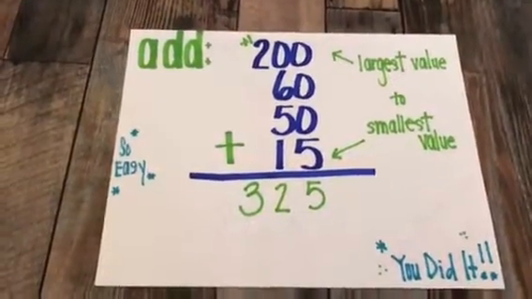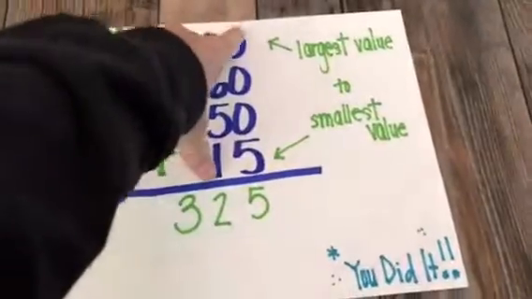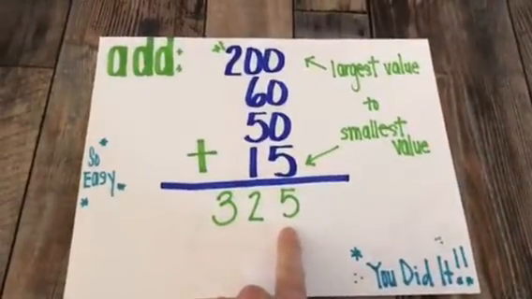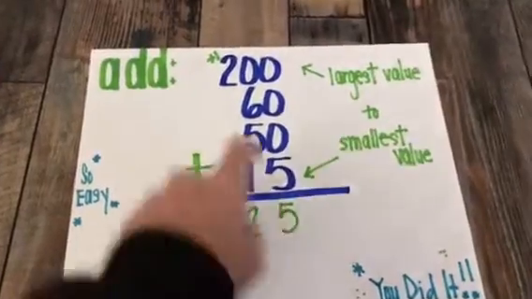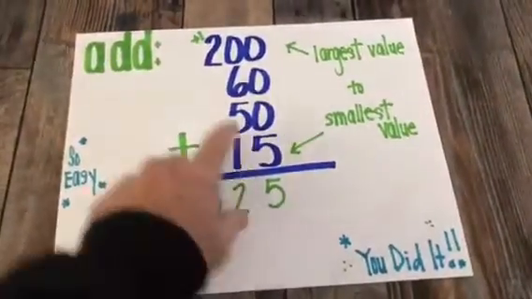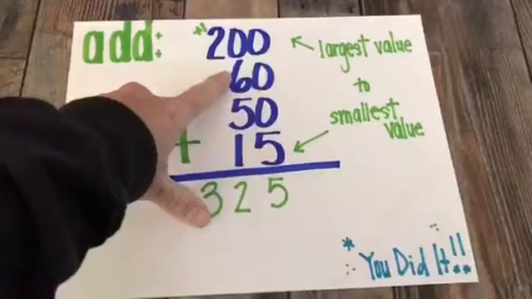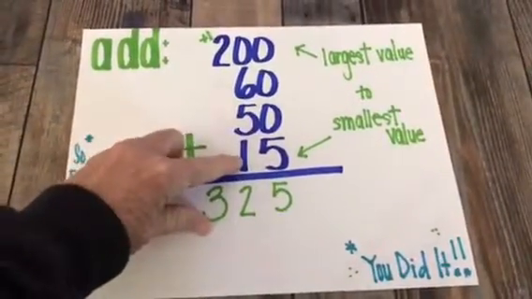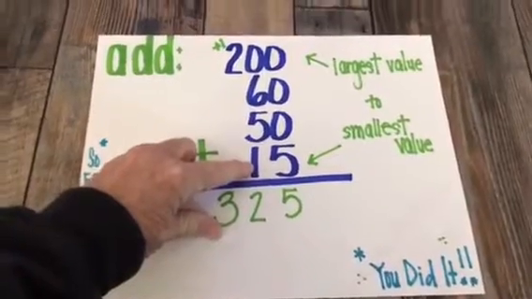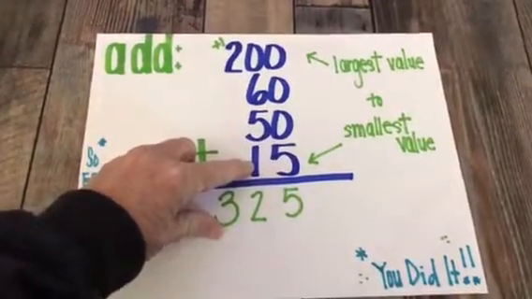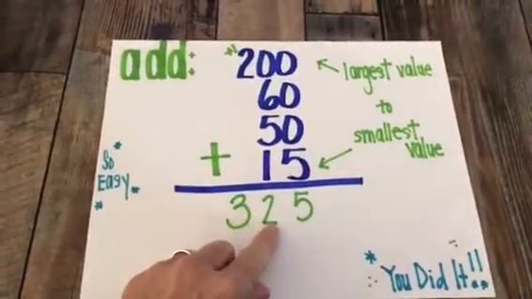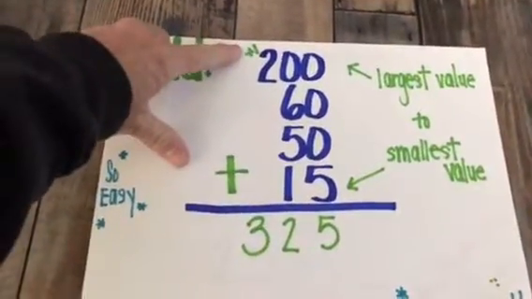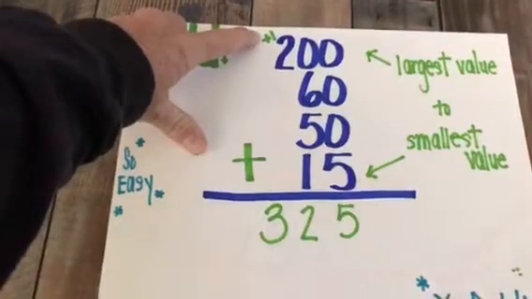In this case, we will add our ones column first. We get a 5. Next, we move on to our tens column, where we have 6 plus 5 equals 11, plus 1 more is 12. Because 12 is a 2-digit number, we put the 2 from the ones column down here, and we regroup up our 1 from the tens column.